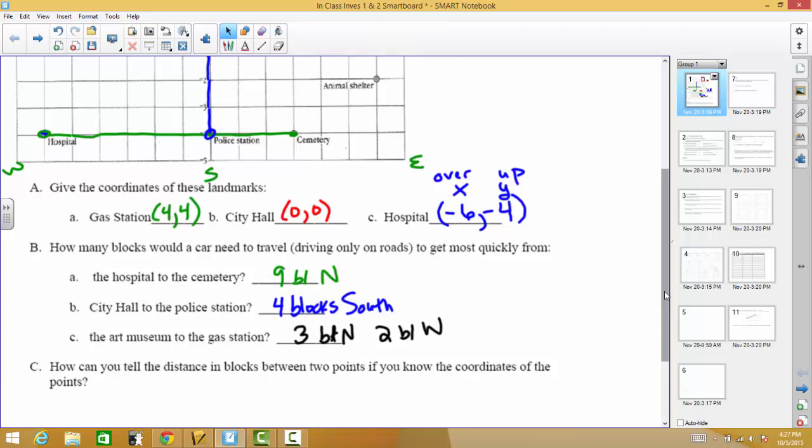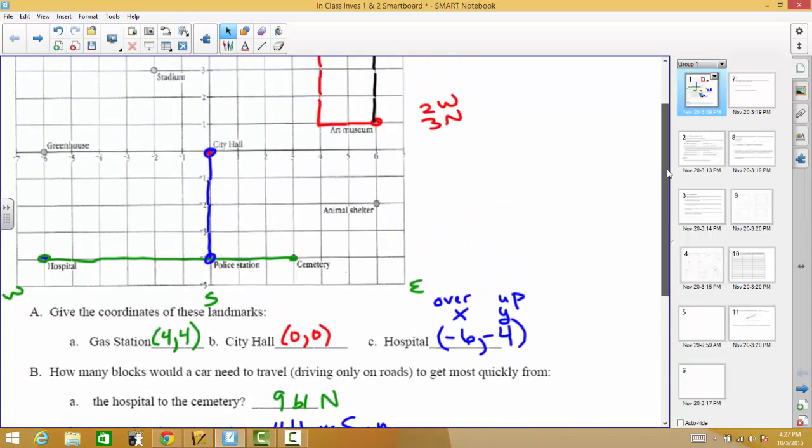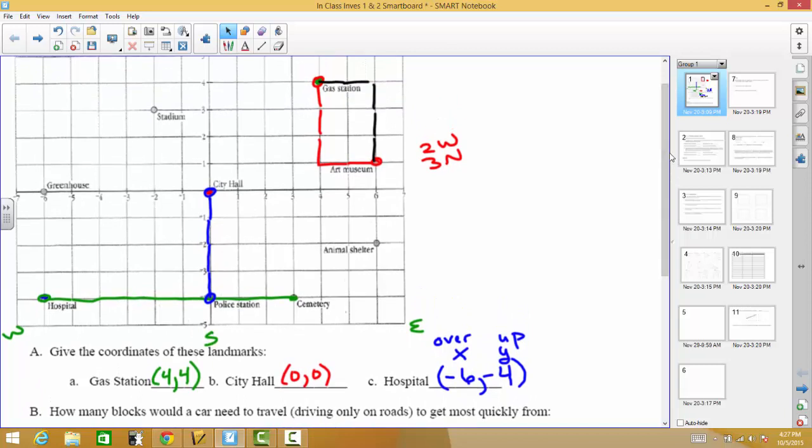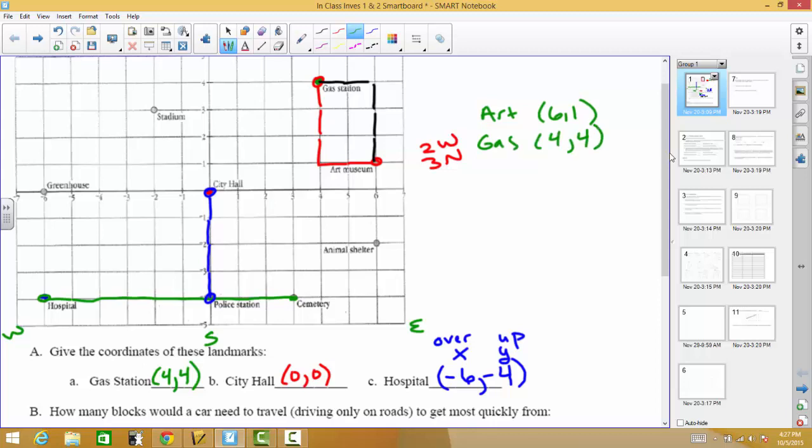How can you tell the distance in blocks between 2 points if you know the coordinates of the points? Okay, so let's look at the one we just did because that one's a little bit different. So the art museum is over 6, up 1, and the gas station is over 4, up 4. So if you look at the x values, 6 to 4, so here's 6 and here's 4. This distance is 2.